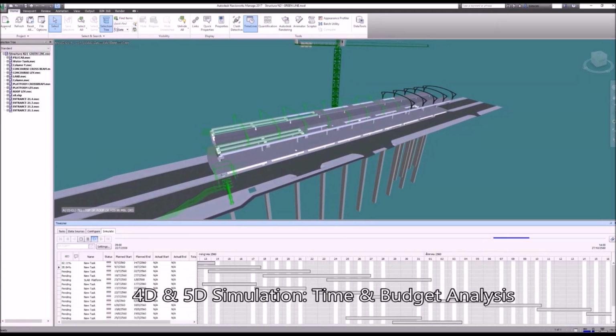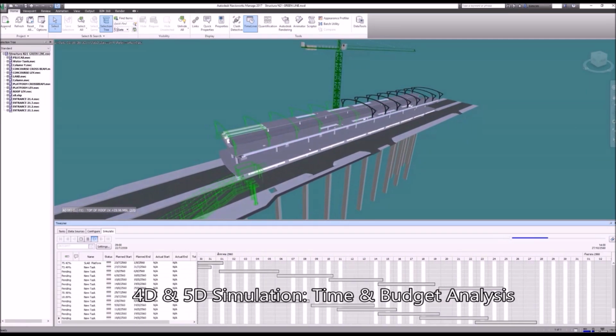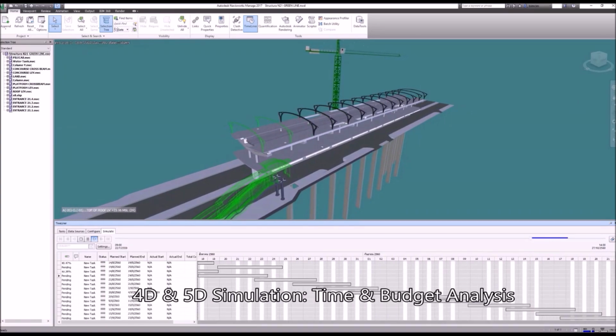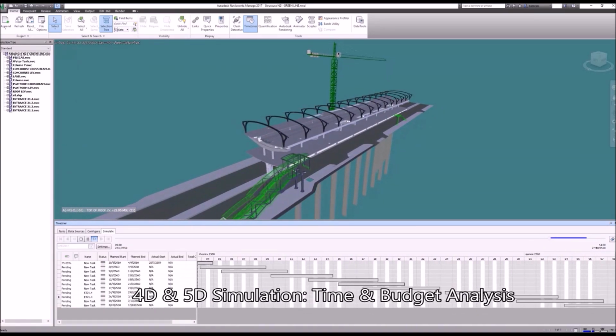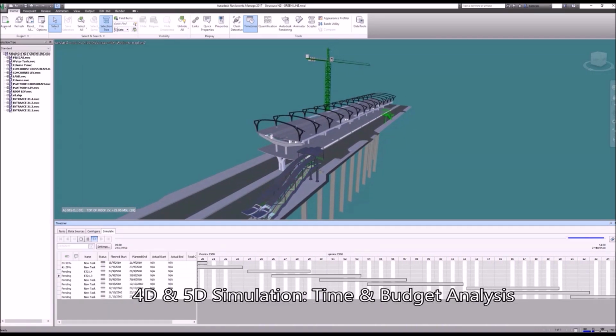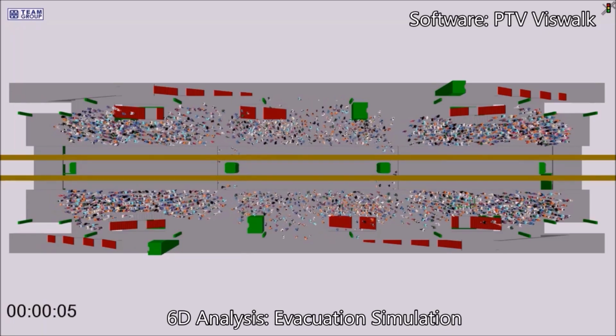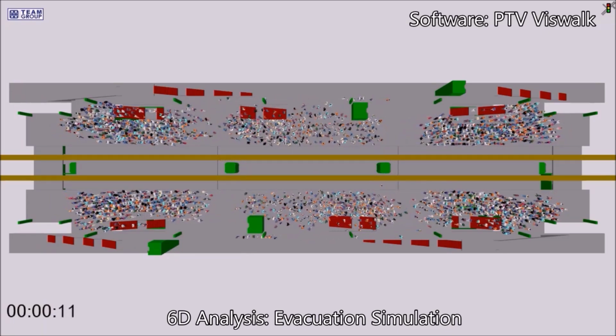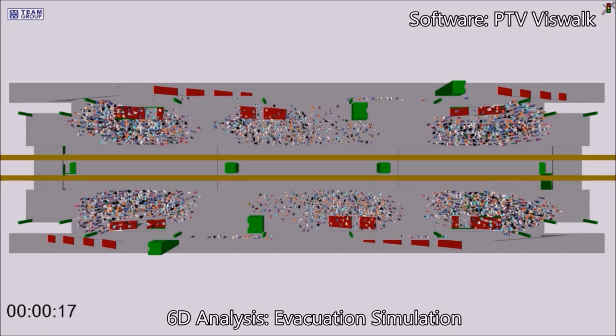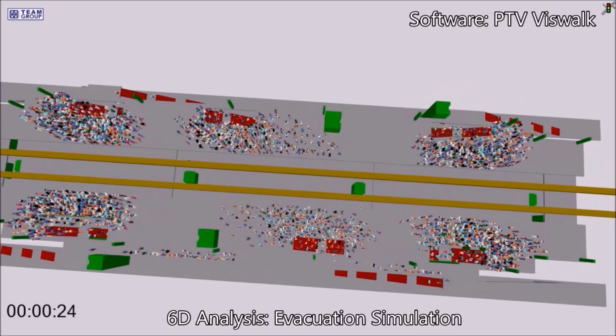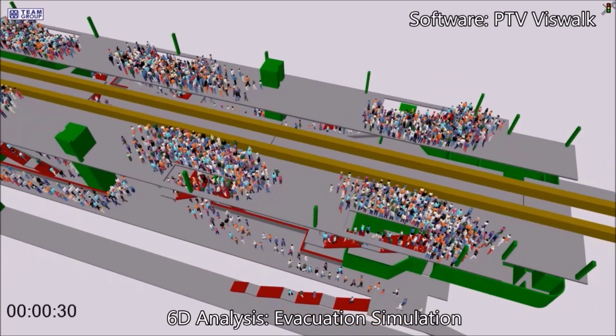Next is about the simulation. Recently we just got the new monorail to Muang Thong Thani. Okay, this is not that one, this is the main line of the monorail on Chaeng Watthana Road.